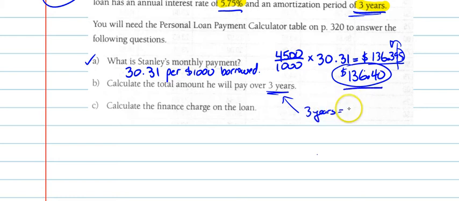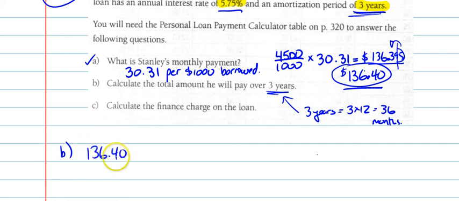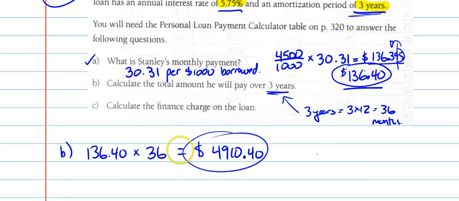So 3 years is 3 times 12, 36 months. So for B, we need to take our monthly payment and multiply by the 36 months that we'll be paying to get a total of $4,910.40. Okay, that's the total amount he'll repay.